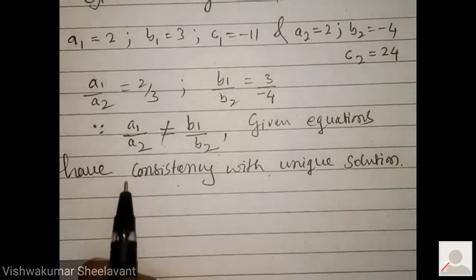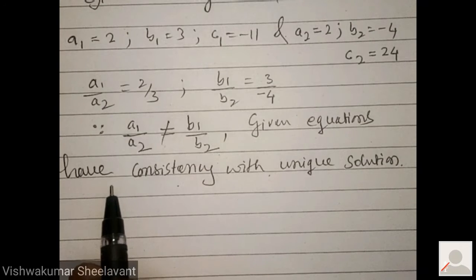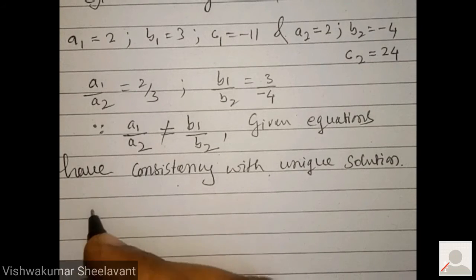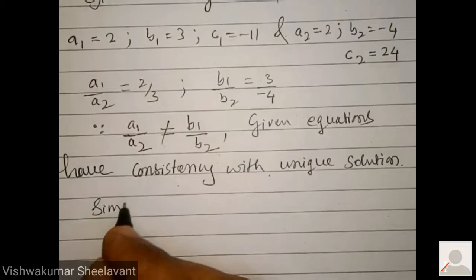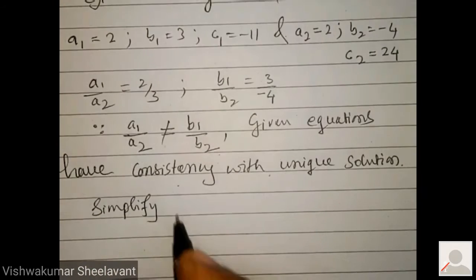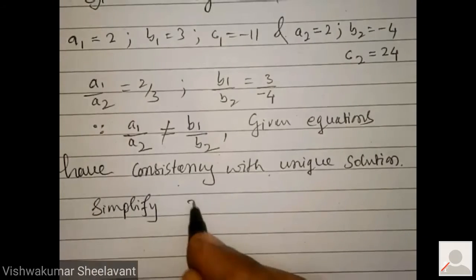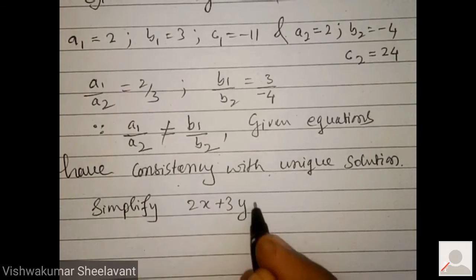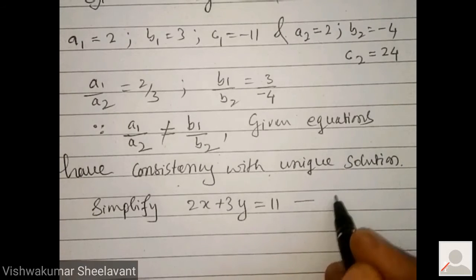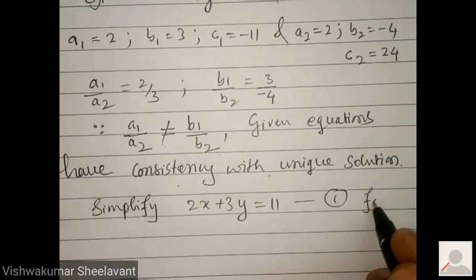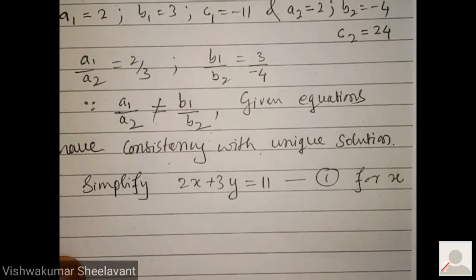Next. Simplify 2x plus 3y equal to 11. That is equation 1, for x.